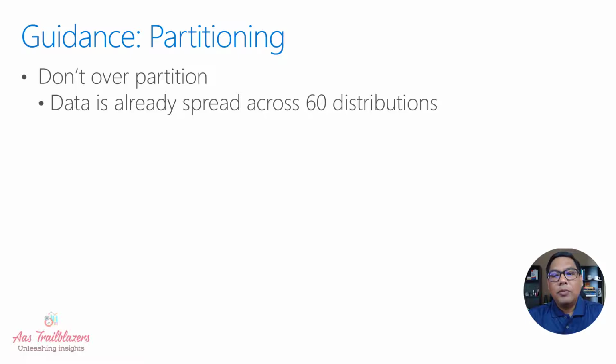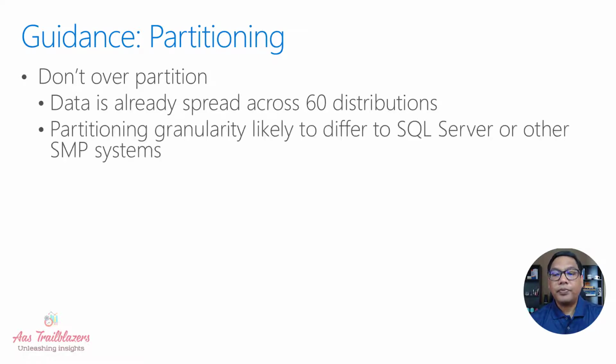Know that before partitions are created, the dedicated SQL pool already divides each table's data into 60 distributed databases. Because of that, with the same partitioning granularity of SQL Server or any other SMP system, if used in a dedicated SQL pool, the number of rows per partition decreases by a factor of 60.